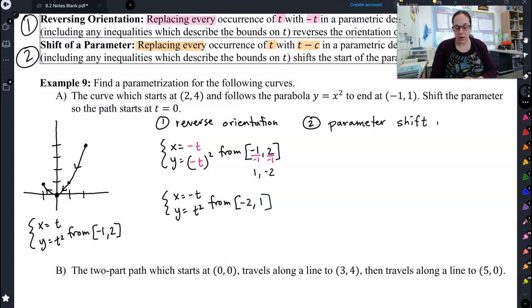So I want a parameter shift right 2. I want to take that -2 to a 0. So if I want to move right 2, or I should say ahead 2, according to our rules, I would replace all my t's with a t minus 2.